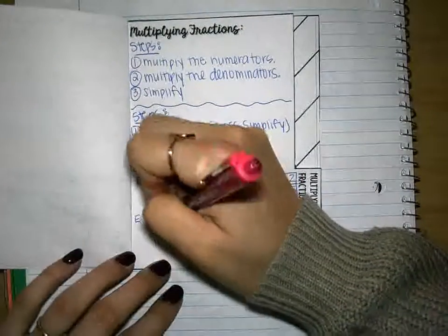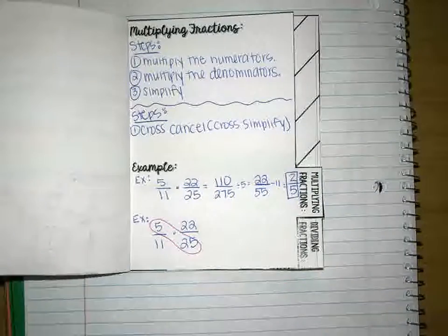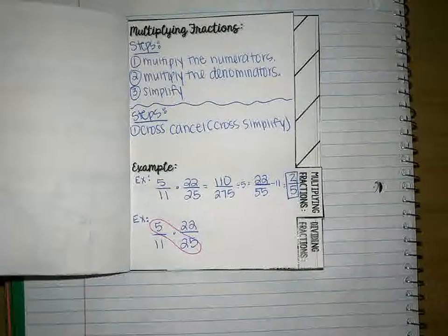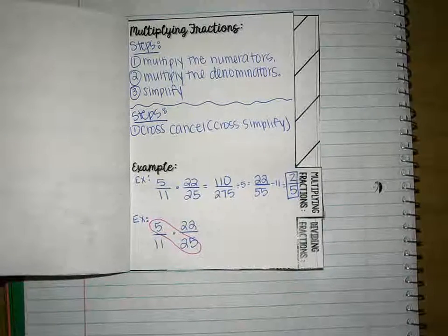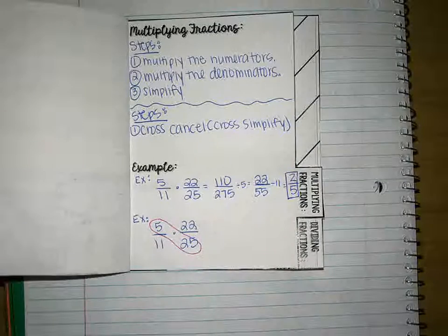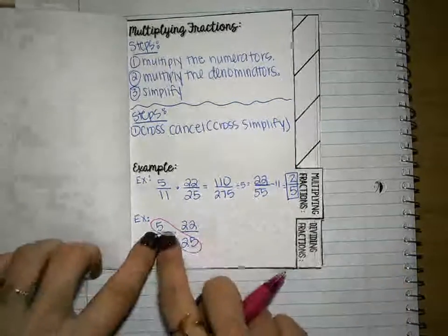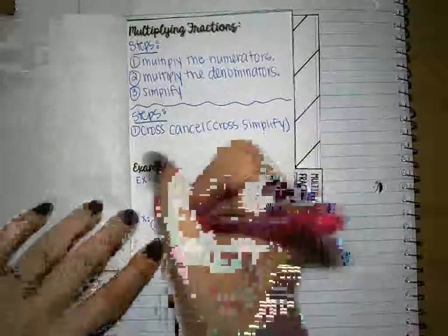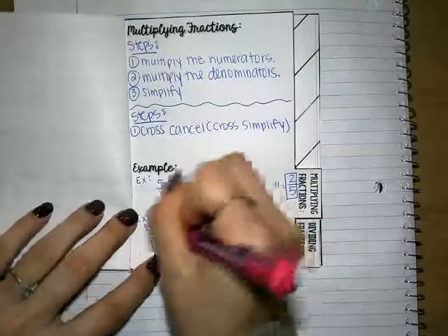I have 5 and 25. Do you see how they are across from each other? Top in one, bottom in the other, they are across. I want to simplify. Can I take anything out of 5 and out of 25? Yes. What? 5. So I'm going to divide a 5 out right away. 5 divided by 5 is? 1.